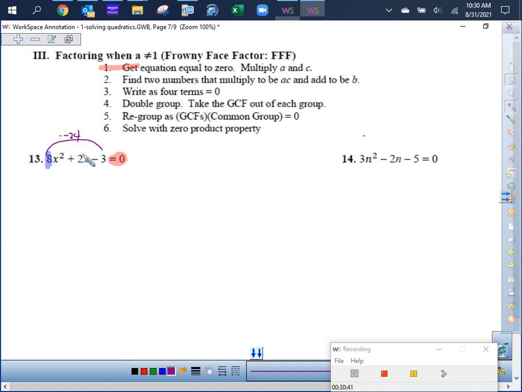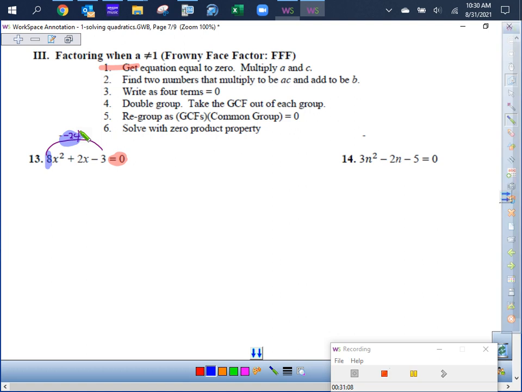All right. So if you get the sign wrong, that process, you're not going to get some numbers. Make sure you do it correctly first. Cool. So, two numbers that multiply together to be 24. What's positive?